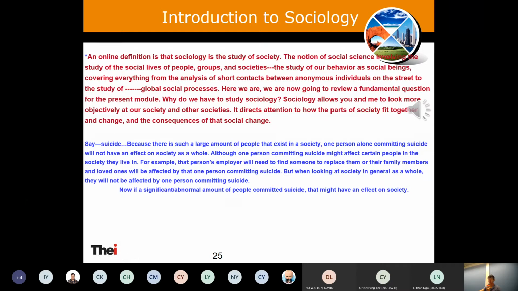Although one person committing suicide might affect certain people in the society they live in, for example, that person's employer will need to find someone to replace them, or their family members and loved ones will be affected, when looking at society as a whole, it will not be affected by one person committing suicide. We believe that, okay?